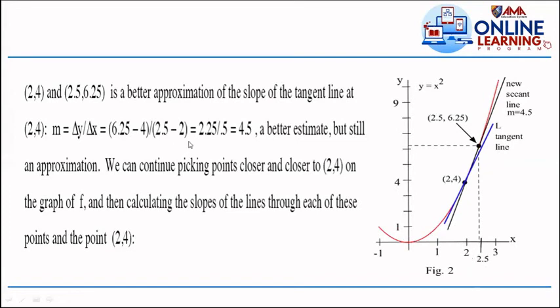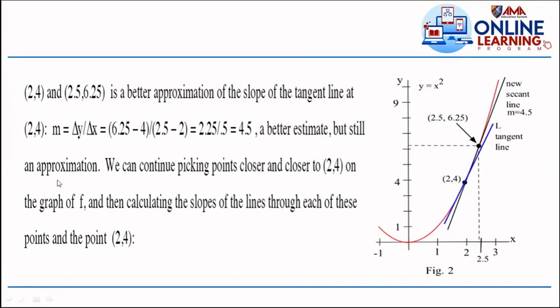And if we're going to compute for the slope, 6.25 minus 4 divided by 2.5 minus 2, the answer is 4.5. So we have another secant line, yung kulay black po dito. Okay? Pero, sabi dito, it's also a better estimate.